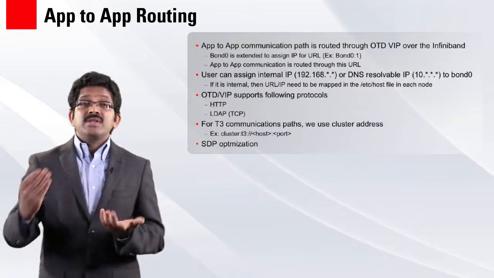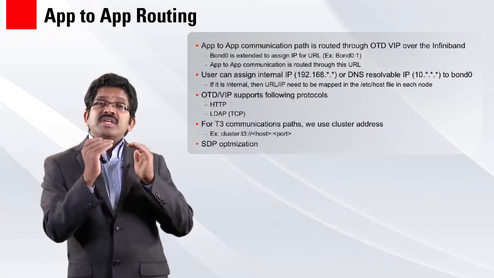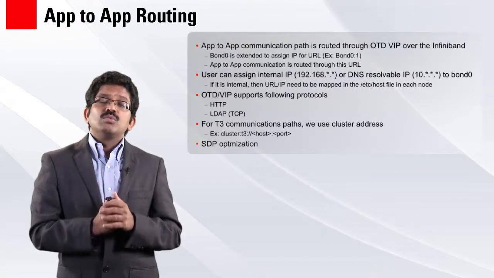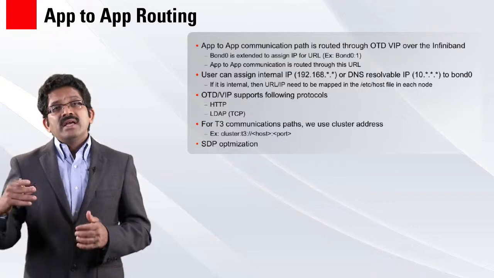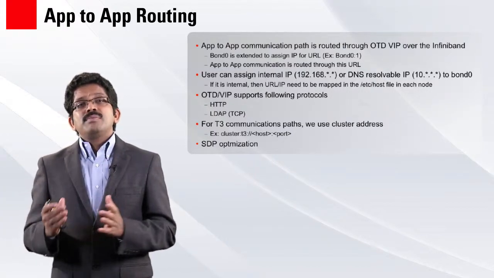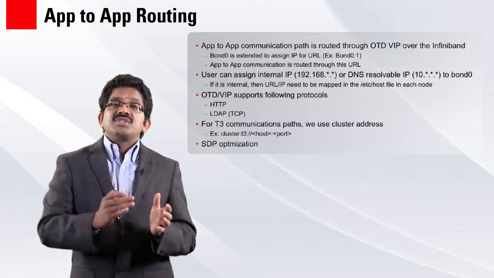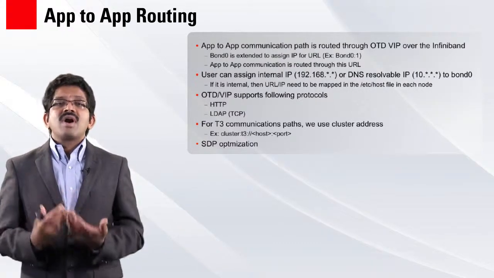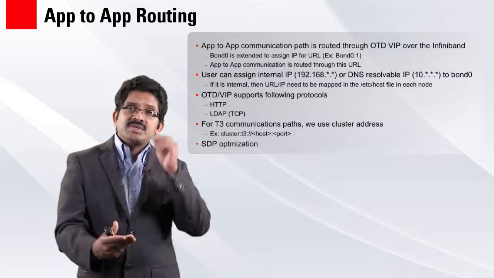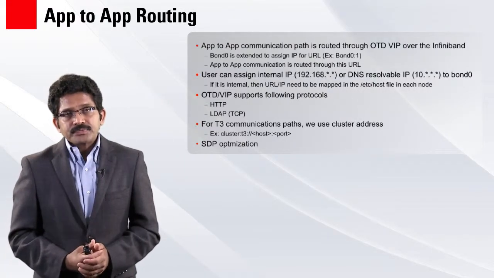But you have the Ethernet over IB typically assigned to bond1 and bond1:1 or :2, and IP over IB addresses are typically assigned to bond0, which you can extend to bond0:1, bond0:2 if you require to create multiple virtual IPs or multiple endpoints.